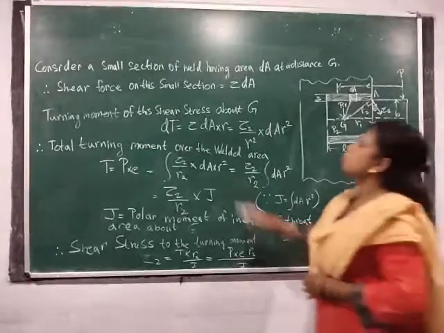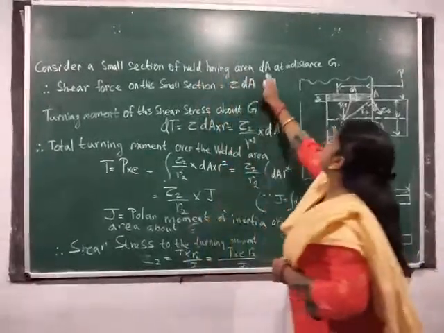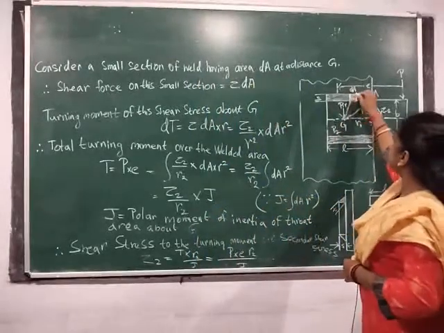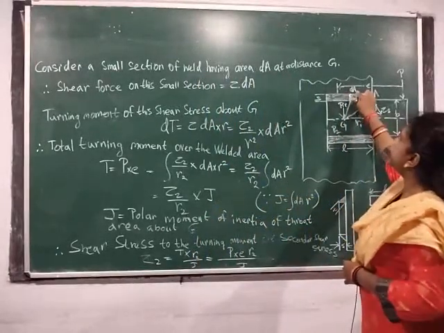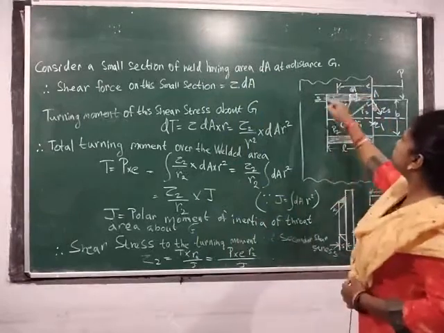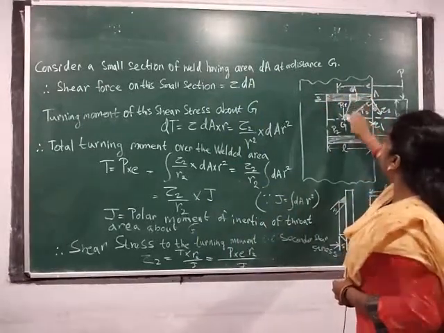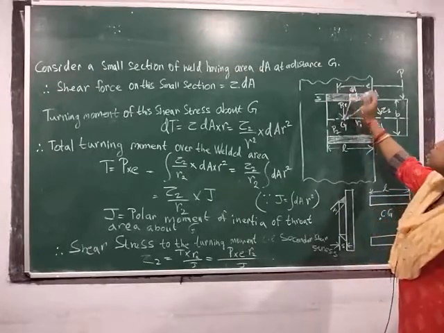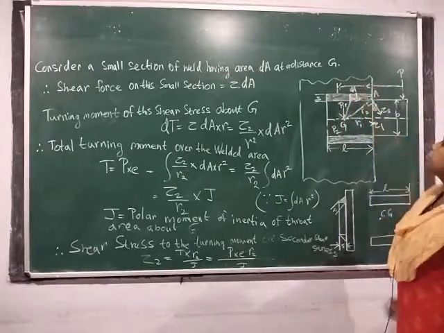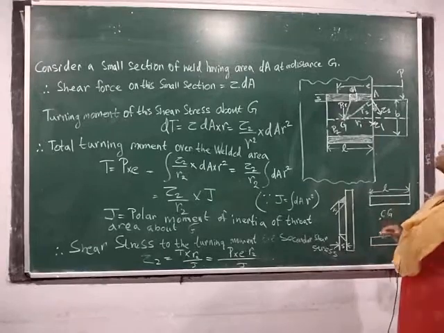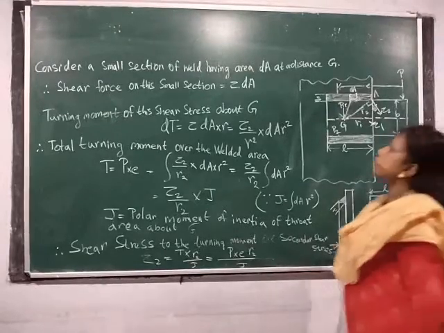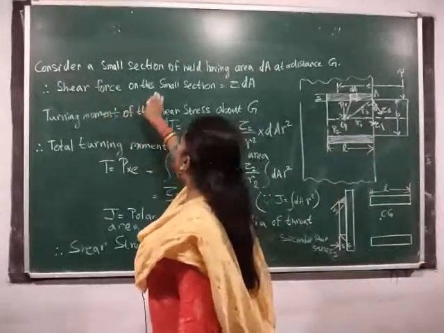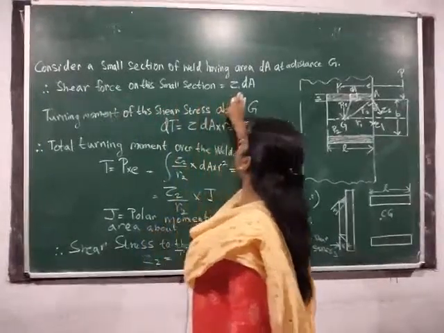Now consider a small section having an area dA, at a distance R from G. Next, the shear force on this small section is equal to what?